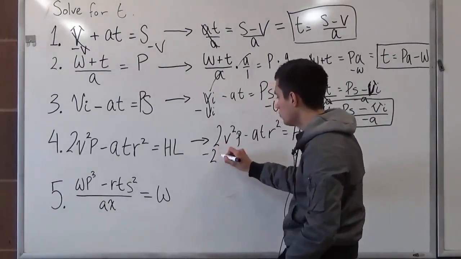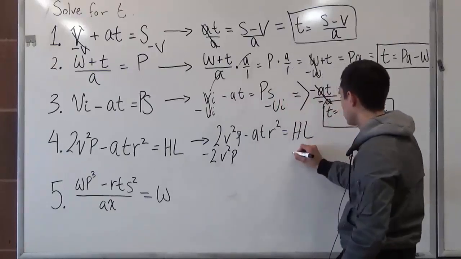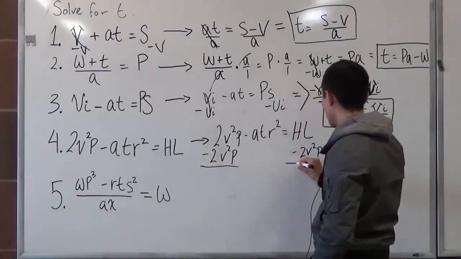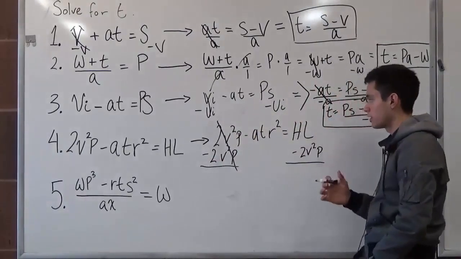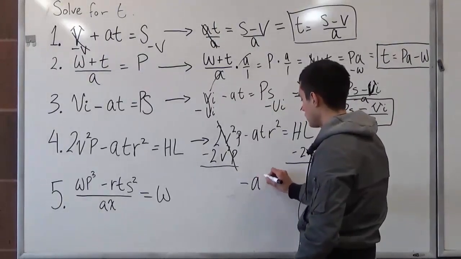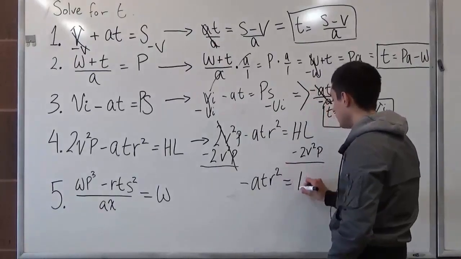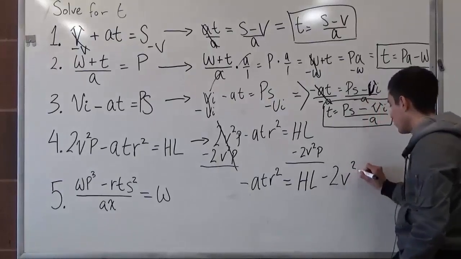So minus 2v squared p, minus 2v squared p. This whole thing cancels out, so now you're starting to see how easy it's going to be. So we're left with negative a t r squared is equal to hl minus 2v squared p.